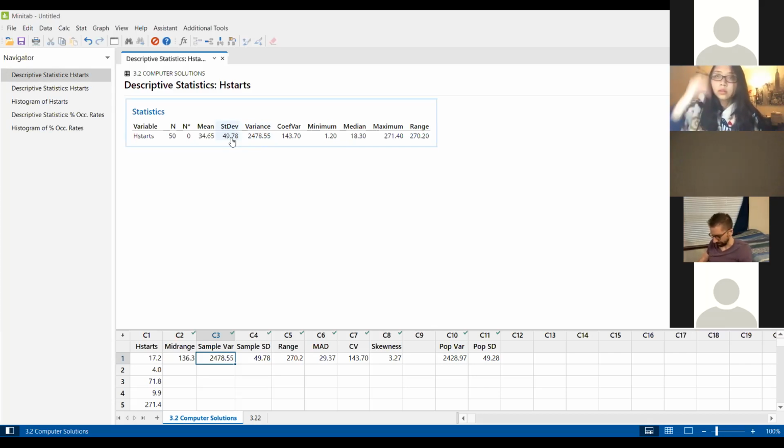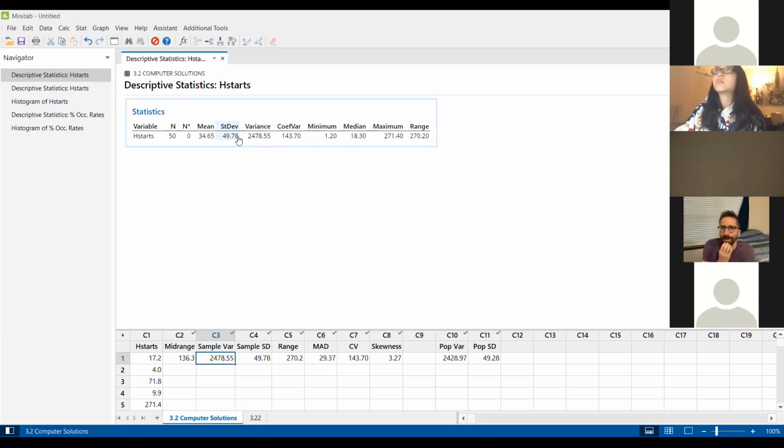So suppose you were given the standard deviation, and you know it's for a sample, and you need to find the number for the population.